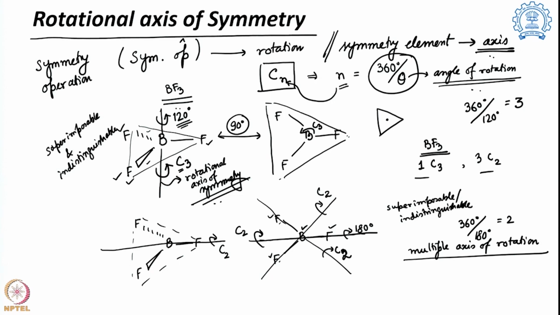So between C3 and C2s, which is the higher symmetry, the one with less movement? In C3 I am moving 120 degrees, whereas in C2 I am moving 180 degrees. So 120 degree movement is lesser. That is why C3 will be my major axis, which is known as the principal axis of rotation.